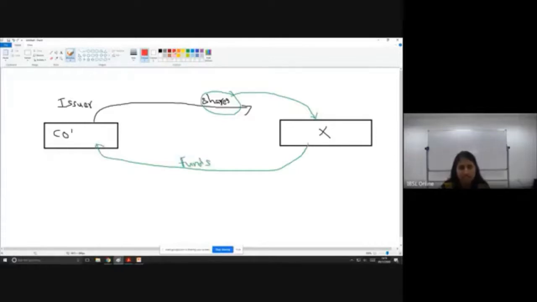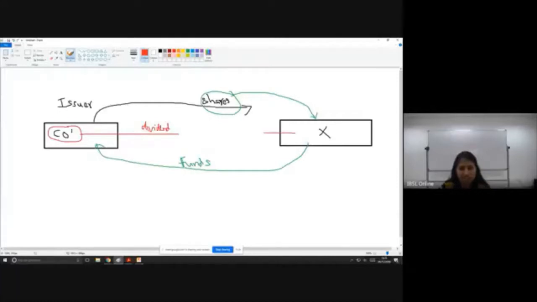Now, what is the agreement? The agreement of the company is, indirectly, look here, if I'm making a profit, I will pay dividends. What about X?